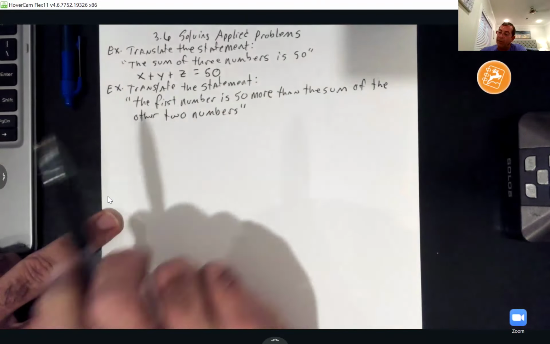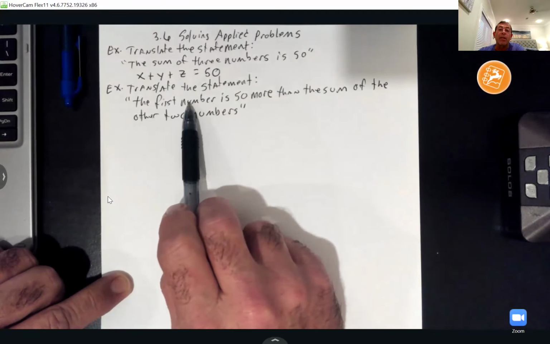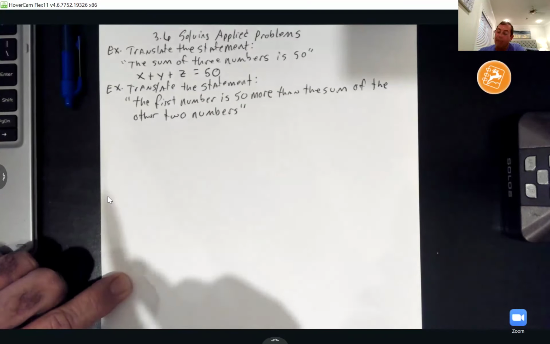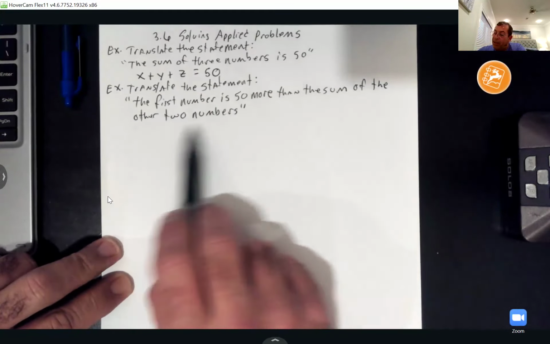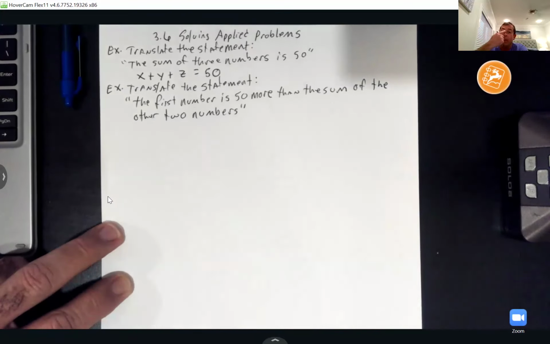So y'all, once again, realize I'm talking about three numbers altogether. I got this first number, I don't know what it is. And then I got these two numbers, I don't know what they are. But I do know that these two numbers are 50 more than my first number.